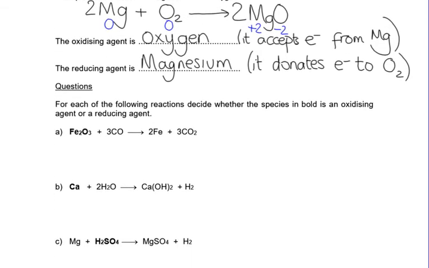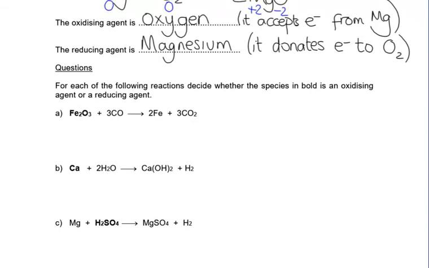So pause the video and decide whether this thing in bold, the whole chemical, now you'll have to figure out what's happening to the species inside that chemical, but what is the oxidising or reducing agent is the whole chemical.